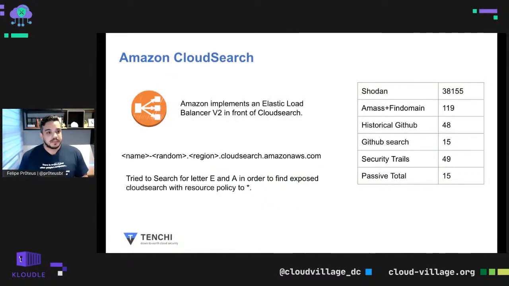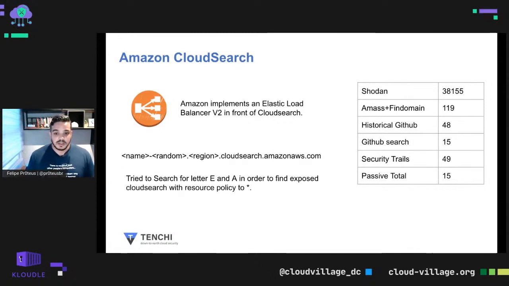Yeah, well, another managed service that I tried to explore was Amazon CloudSearch. And Amazon implements an elastic load balancer in front of the CloudSearch. One interesting thing to note is that with CloudSearch, you have to choose a name, then comes a random string, the region, and cloudsearch.amazonaws.com in the URL.